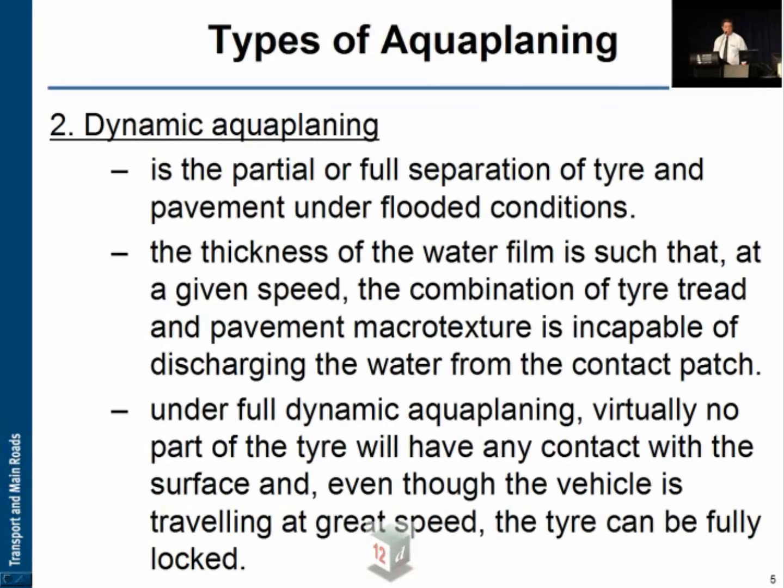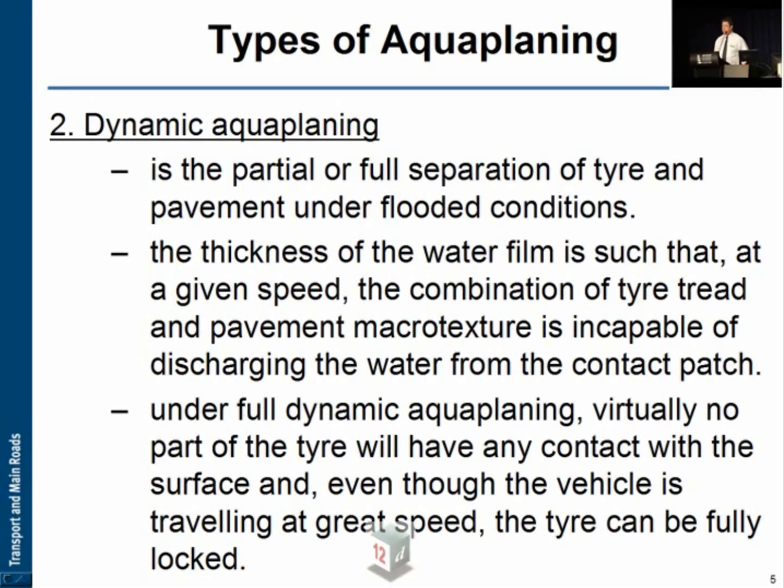It's the partial or full separation of the tyre from the pavement under flooded conditions. Now, what do we mean by flooded conditions? Well, we're talking about the thickness of the water film, and it gets thicker as the rainfall falls. Now, at a given speed of the vehicle, the combination of tyre tread and pavement macro texture, I'll explain that in a minute, is incapable of discharging the water from the contact patch.